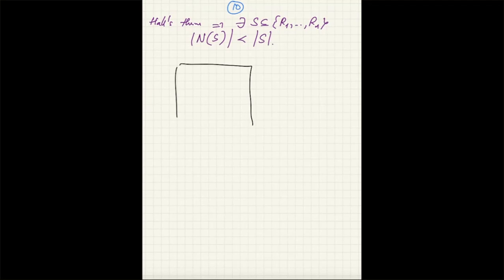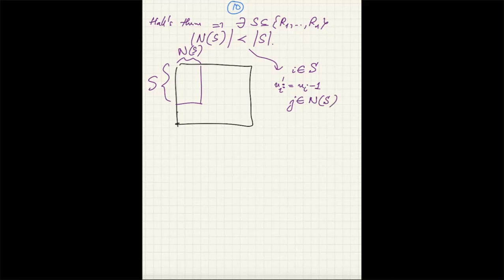We have this matrix W, and we have here some set S, and its neighborhood N of S is smaller. So for every i in S, we create a new cover in which ui prime is ui minus 1. And for every j in the neighborhood of S, we create vj prime, which is vj plus 1.